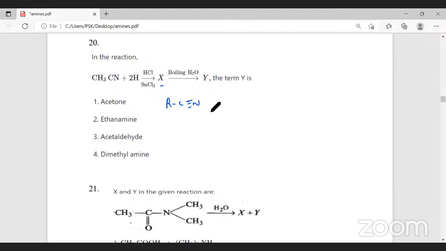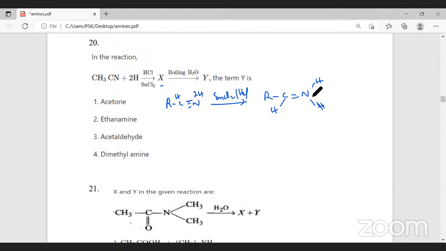When this is reduced using stannous chloride and HCl, 1 pi bond will break. When 1 pi bond breaks, 1 hydrogen atom attacks carbon, 2 hydrogens attack nitrogen. So the product we get is RCH double bond N single bond H single bond H.